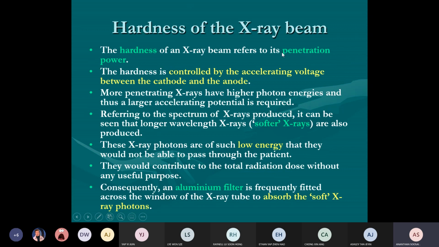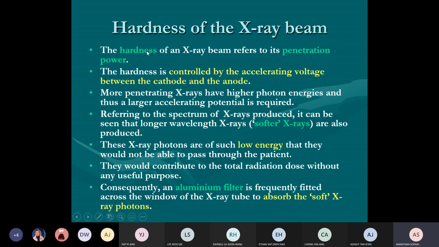Then we get into what is meant by hardness. Hardness means how big the penetration power is. A short wavelength X-ray will have a greater hardness. How do you increase hardness? Raise the voltage. When you raise the voltage, the kinetic energy of the electron is raised, so when it collides, it is capable of producing a shorter wavelength X-ray, which has greater hardness.